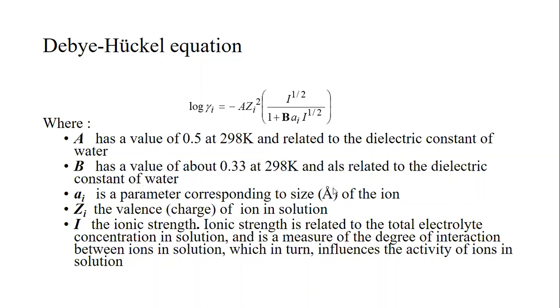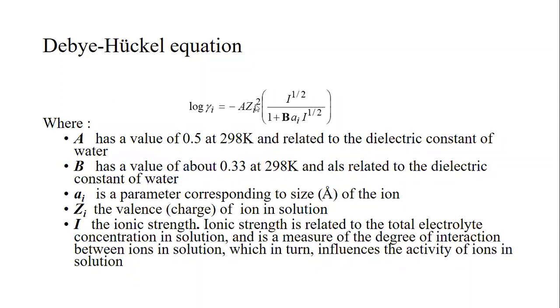Angstrom is 10 to the minus 10 of a meter. Most of the values you find in textbooks, even in your textbooks, the a's are given in nanometer. So the first thing you need to do is always change that value to angstrom by multiplying it by 10. The angstrom is smaller, the nanometer is a larger unit, so one nanometer equals 10 angstrom. So we then obtain this one in angstrom.